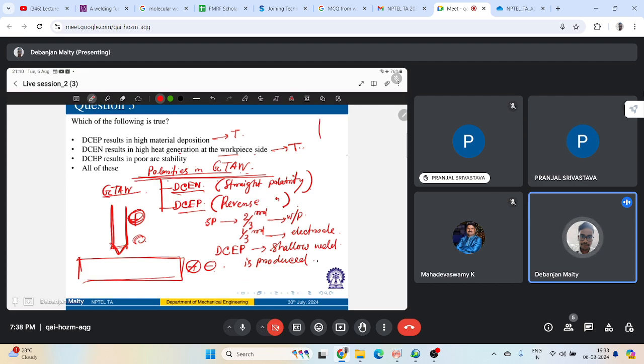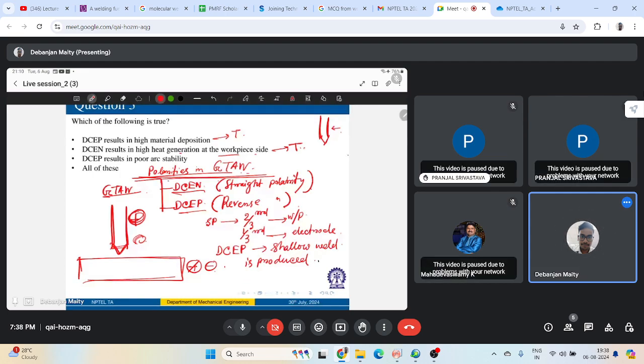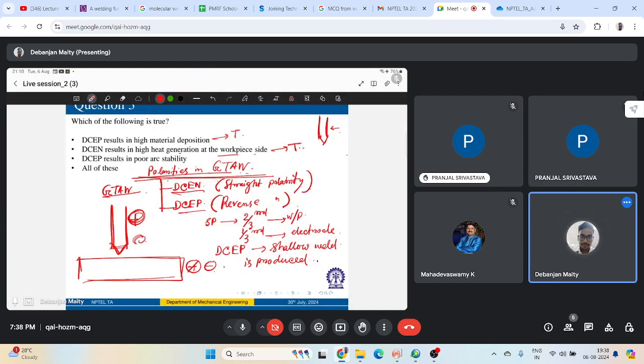If the electrode is negative, that will be the main source of primary electrons for emission and for generating ionization columns. So DCEP results in poor arc stability. That is also true. So all of these are correct.